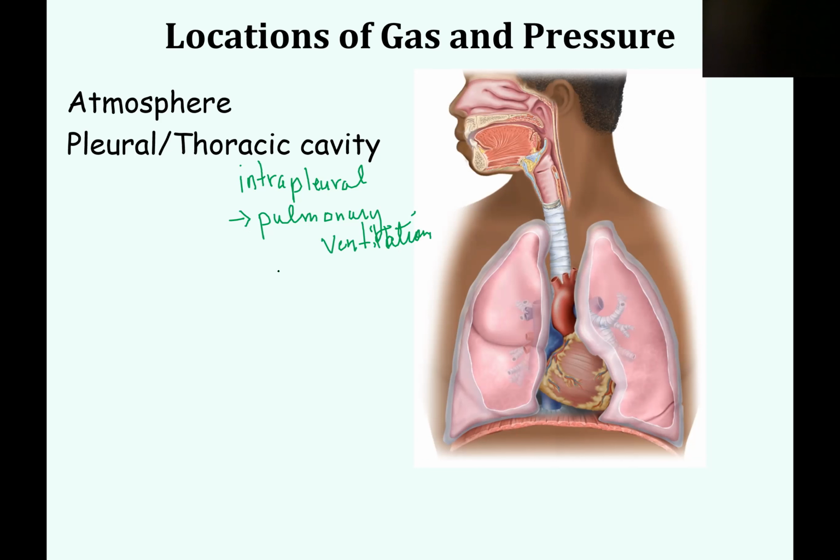And so you have expiration and inspiration. The muscles involved would be the diaphragm and the external intercostal muscles.